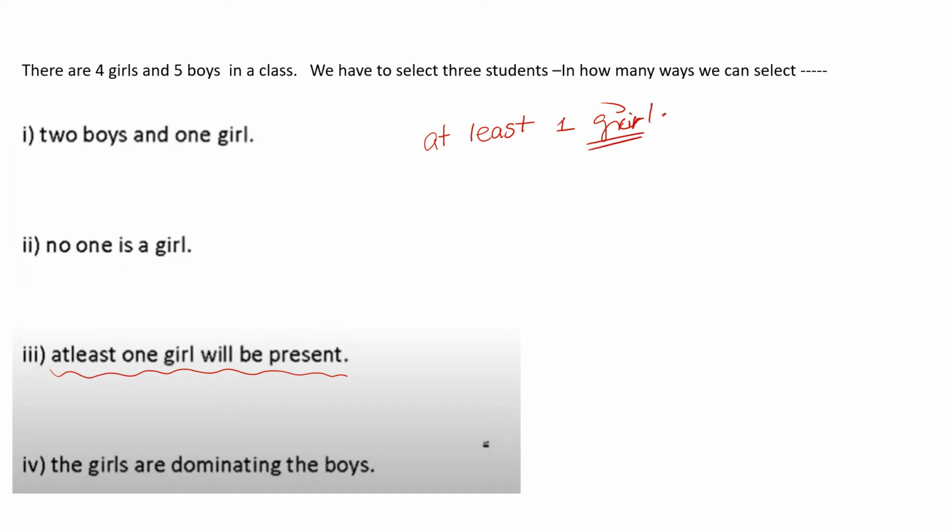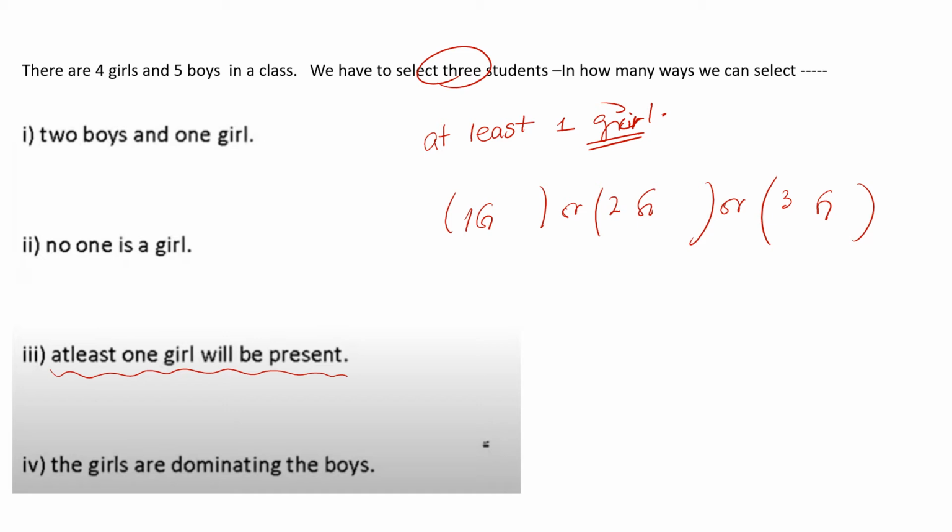At least one girl means either one girl or two girls or three girls, because you have to select the total three students. So either one girl is present or two girls are present or three girls are present. But how many total students do you have to select? You have to select three students.